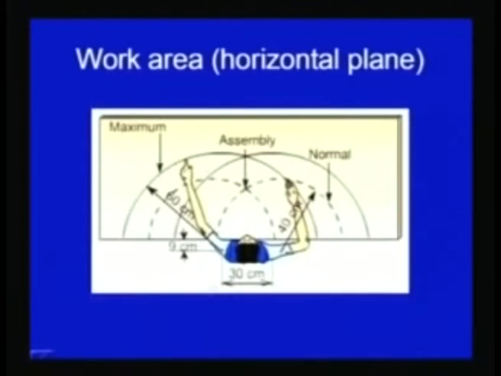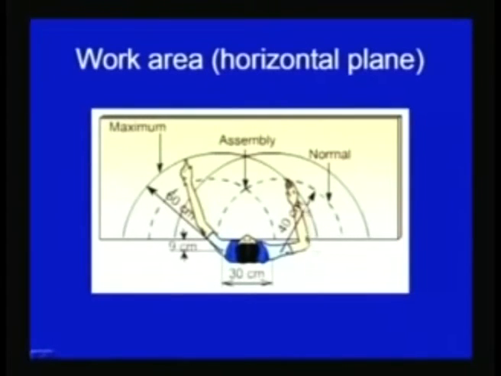You can see in this slide the arm when it is fully stretched and when it is not stretched, where the upper arm is in the normal condition and only the lower arm portion is stretched. The area which is covered by the stretching of the lower arm only, up to the fingers on both sides, comes under the category of the normal working area.